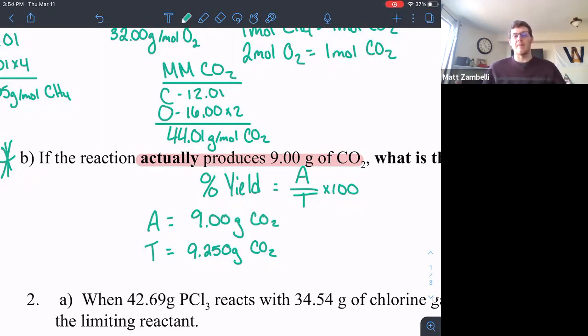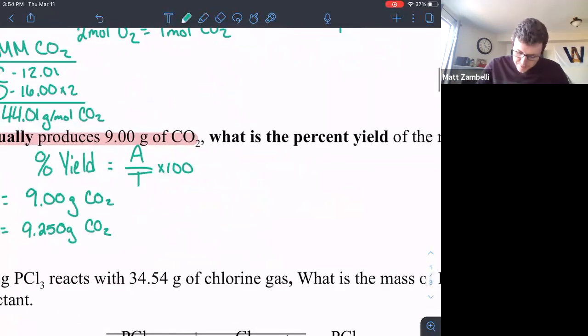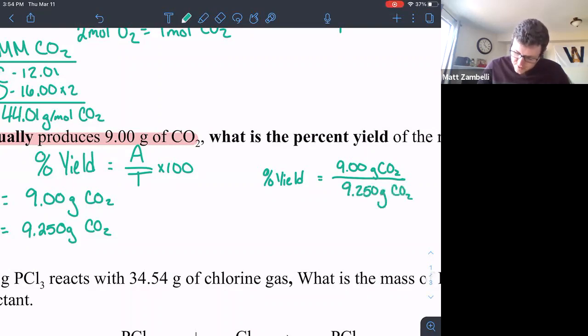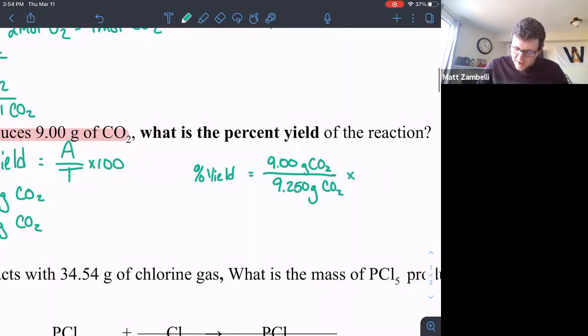So we're going to figure out what percentage of our mass we actually made. So we're going to take our percent yield equals that 9 grams of CO2 divided by our 9.250 grams of CO2. And we're going to multiply our division times 100 to give us a percentage.